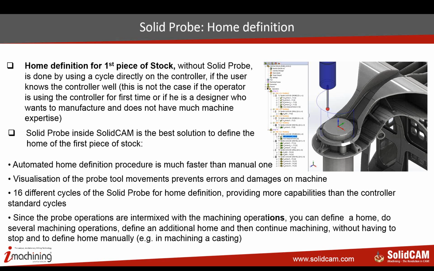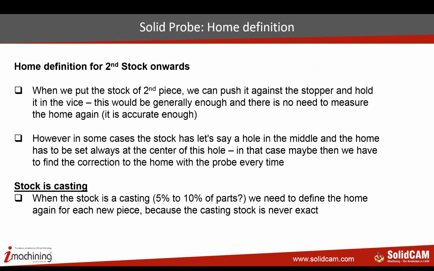Now, even if you use a fixture to catch the part, the home is not on a corner. It's in the middle of the stock. If the stock varies from part to part, the dimensions vary, so this middle point changes, because the fixture is stable on one side, so the home will change from part to part.